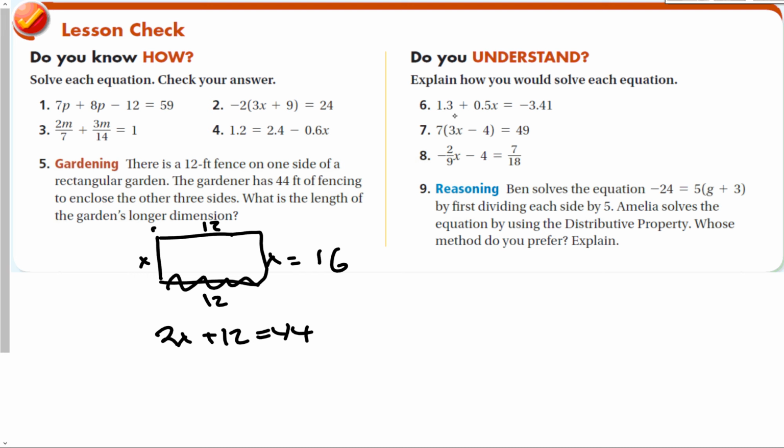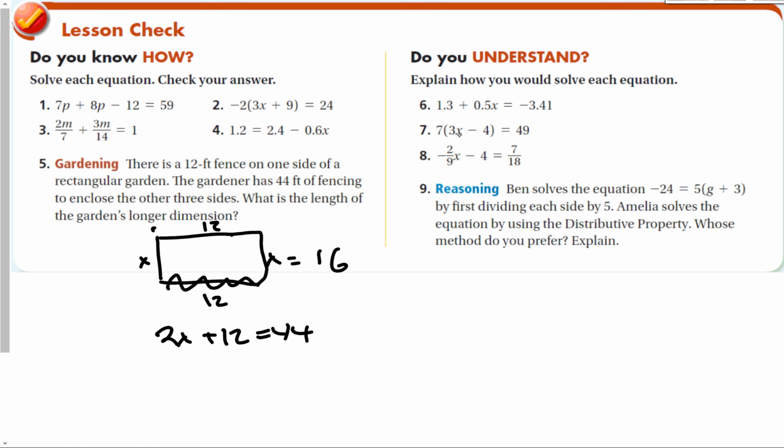How would I solve this? Again, multiply everything by 100, or we can use a calculator. Divide out the 7 first, or distribute the 7. And here, common denominator with these two, or I would think it's easier to multiply, well, what could we multiply by? 18.